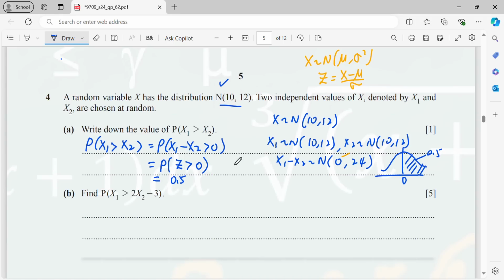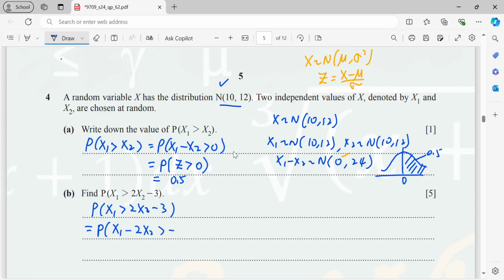Now part B, calculate the probability of X1 greater than 2X2 minus 3. So now I have to write P(X1 > 2X2 - 3). I will move the 2X2 to the left side and keep the minus 3 on the right side. So it will be P(X1 - 2X2 > -3). So now I need to get the distribution for X1 minus 2X2.